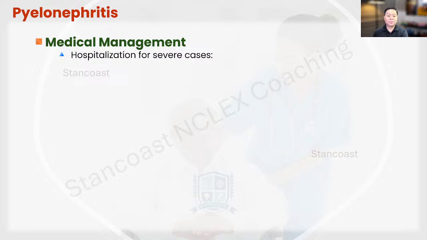They are not going to be able to tolerate ingestion of oral fluids because they're also nauseous. Or let's say, for example, there is an ongoing obstruction in the outflow of urine. And again, this is something that could cause rapid impairment of the kidney parenchyma. Another thing is that hospitalization will allow us to closely monitor the patient.